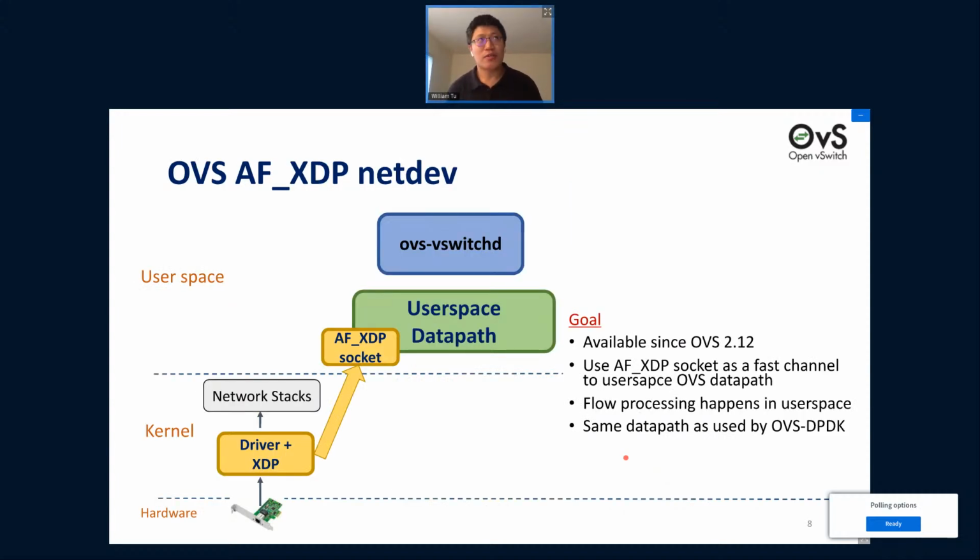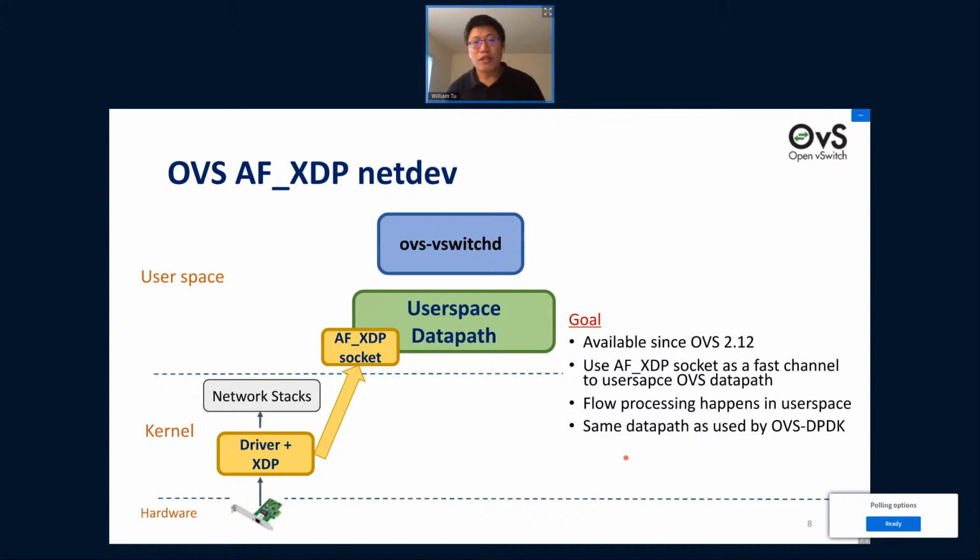Since OVS 2.12, we have implemented the idea of AF_XDP in OVS. We use an AF_XDP socket as a way to send and receive packets. We inject an XDP program at the driver level. So far we didn't do much; we pretty much send all the packets to the user space data path. Once OVS receives the packet, it just follows the OVS pipeline implementation.